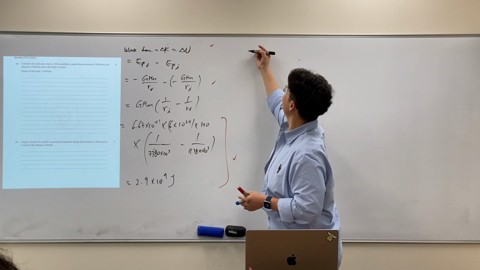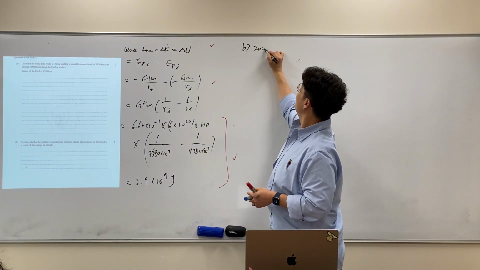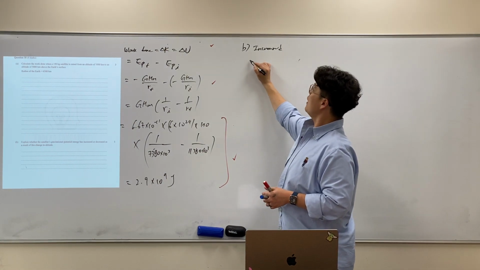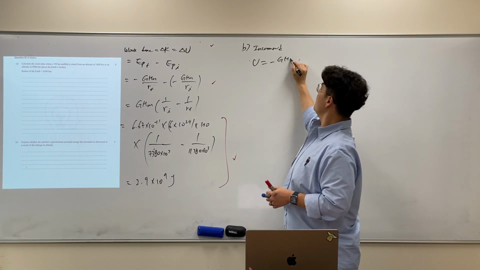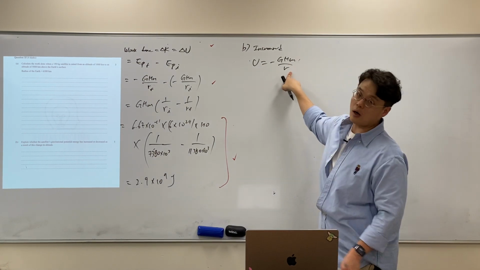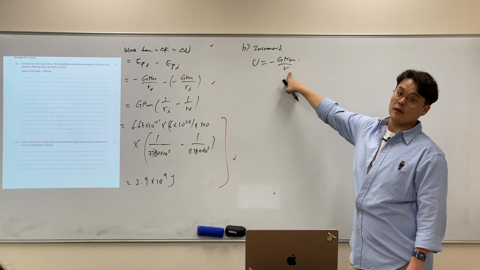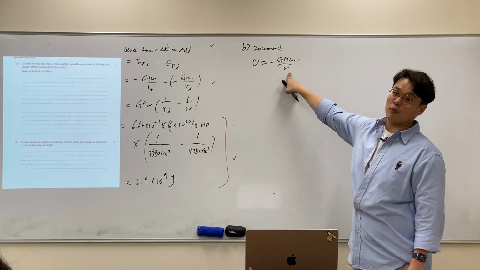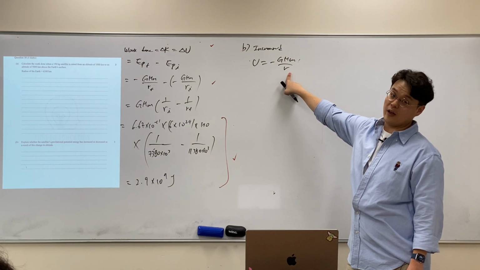It's increased. Think about U is minus G M over R. Increase the R. Increasing R means the value is getting closer to 0, which is bigger, the value of U.